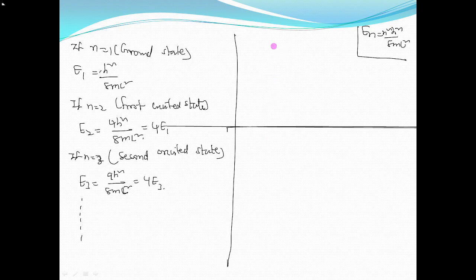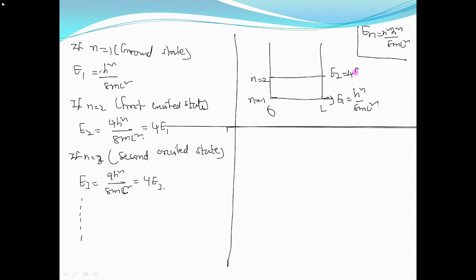So what we have calculated: if the potential box is of width L, the energy of the first level is E1 is equal to h square by 8m L square. The energy for n is equal to 2 is E2 is equal to 4E1. For n is equal to 3, E3 is equal to 9E1, and so on.